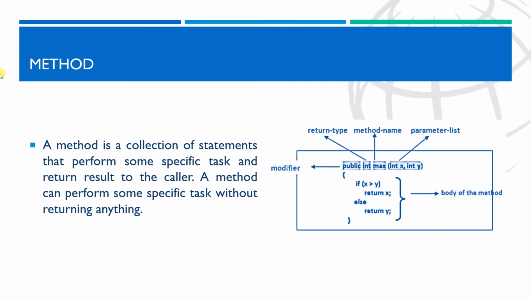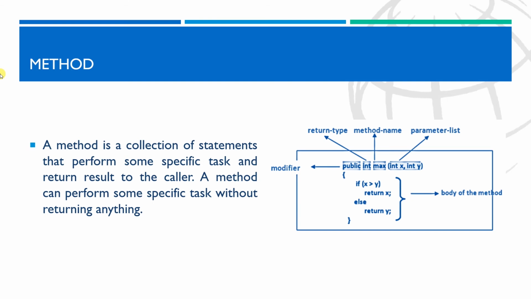The first one is public, which is accessible in all classes in your application. Then protected, which is accessible within the package in which it is defined and in its subclasses. And private, which is accessible only within the class in which it is defined.